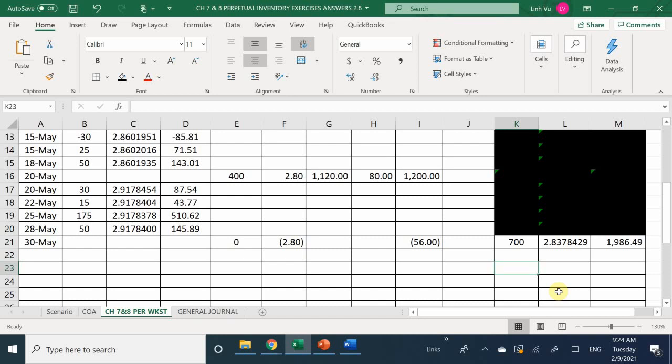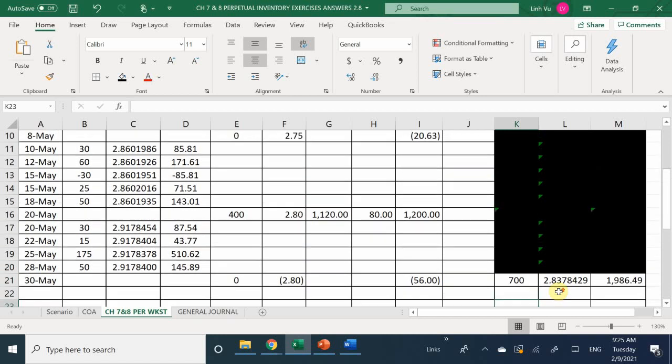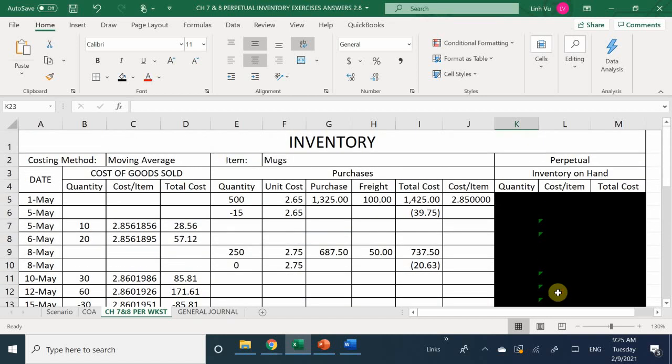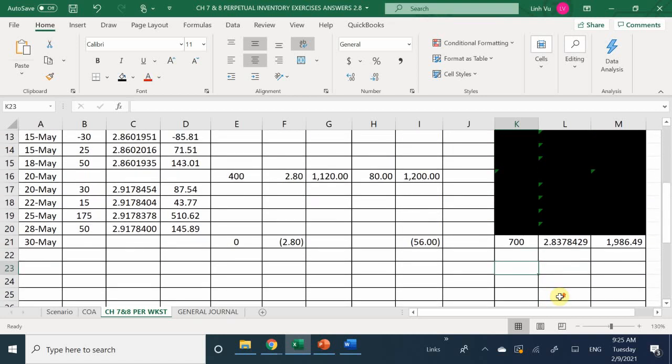And every time we sell something or every time we purchase something, it affects the quantity and the total cost. So that's exactly how we do chapter 8 and chapter 7, understanding how to weave in those purchase returns and those sales returns if it is in the scenario. Okay, any questions in regards to this particular exercise?